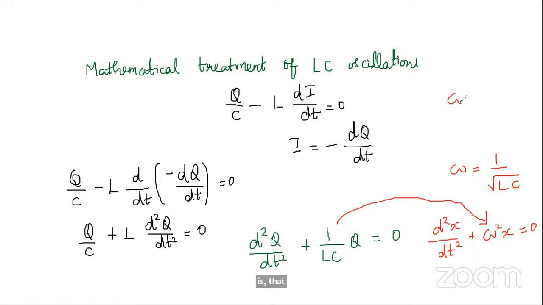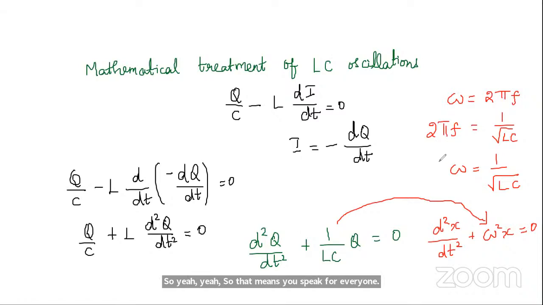You know very well omega equal to 2 pi into F. So here 2 pi into F equal to 1 by root of LC. That means F equal to 1 by 2 pi root of LC. So this is the expression for frequency.